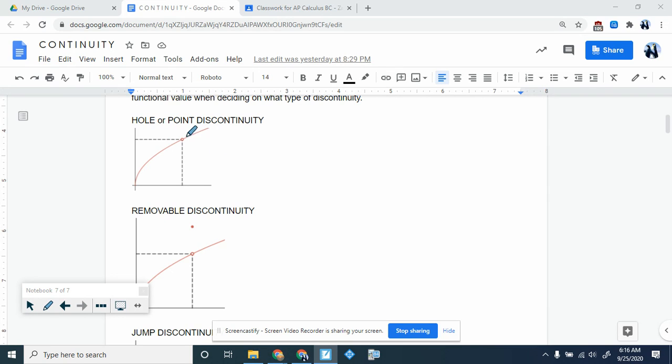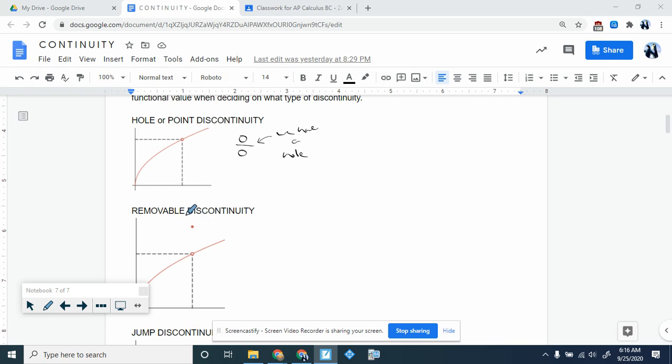But more than that, if you directly substitute and you get 0 divided by 0, so you substitute a value in like 7 and you get 0 in the numerator and the denominator, that's going to tell you that you have a hole. And we'll talk more about that later. So go back to your notes and just add that in there, that this tells us we have a hole.